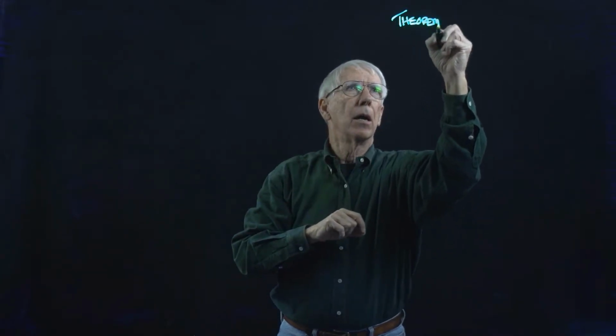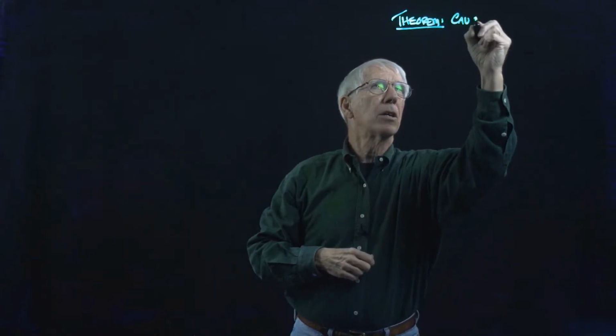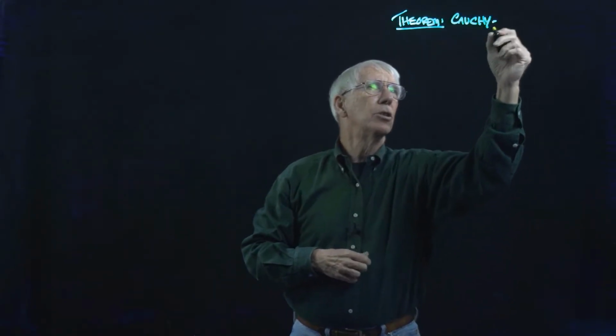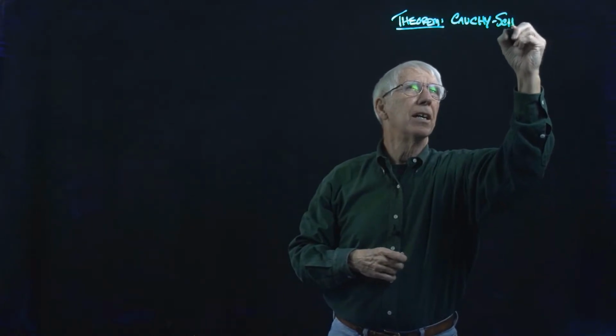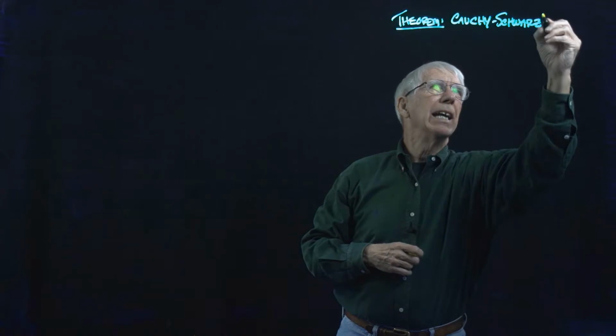And so let's start with the Cauchy-Schwarz inequality, which we'll then use to prove the triangle inequality. So let's say we have here, this is really a theorem, and it is the Cauchy-Schwarz inequality.